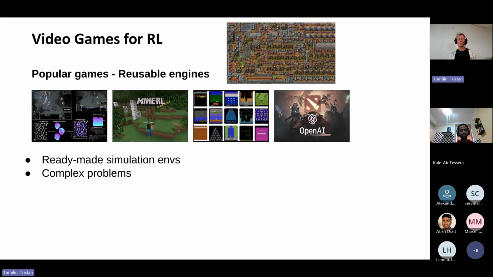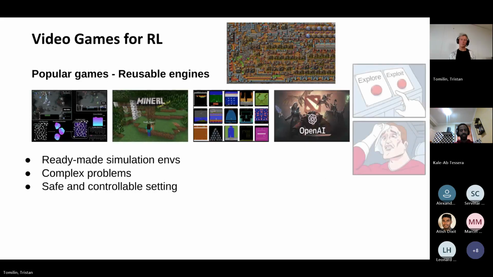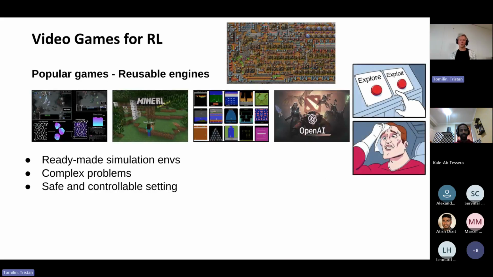Namely, they provide many complex problems that are difficult to solve both for humans and for agents alike. We can run them in a safe and controllable setting. So we wouldn't want a self-driving car to drive into a wall because an activation function misfired or whatnot. So this all benefits their usage.